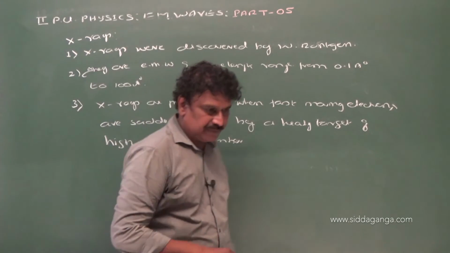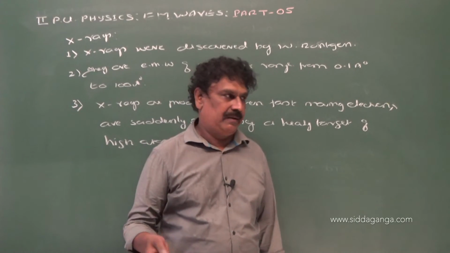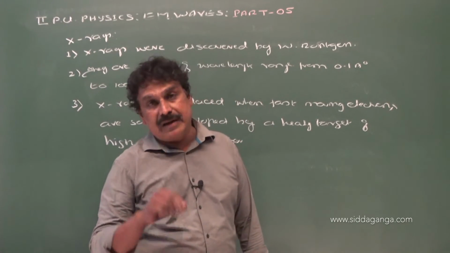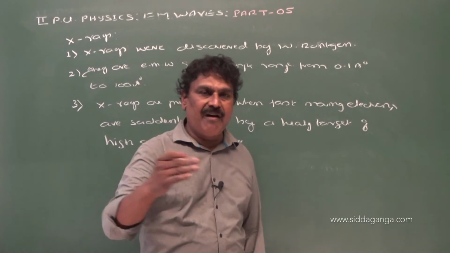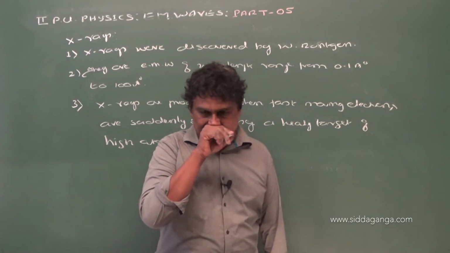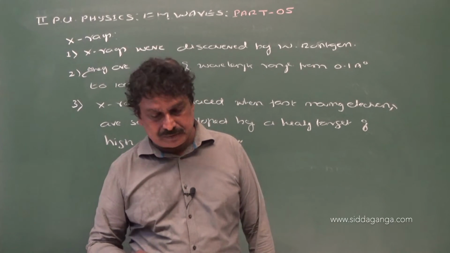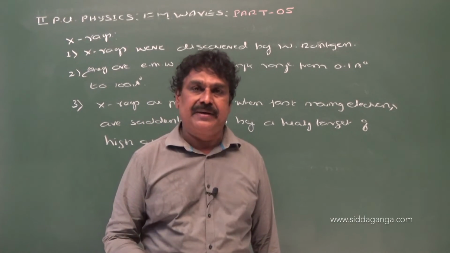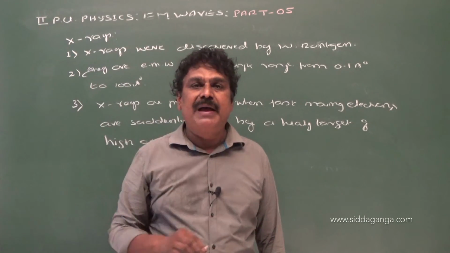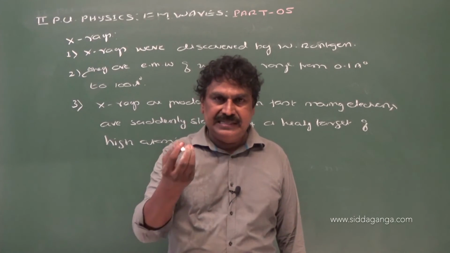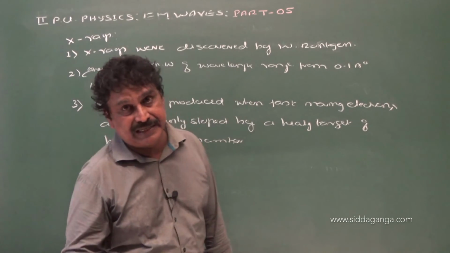When fast moving electrons obtained by electron emission or any other means fall on a heavy metallic target having a high atomic number, the electrons of the atom get excited so that the electrons move to higher energy level. While coming back to lower energy level, these atoms of the heavy target emit X-rays, right?